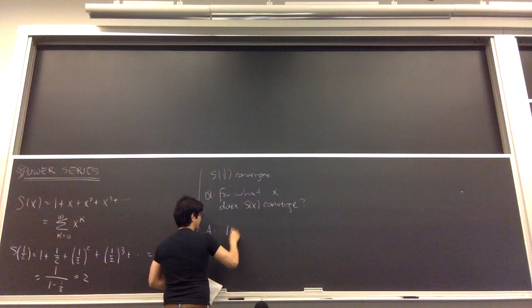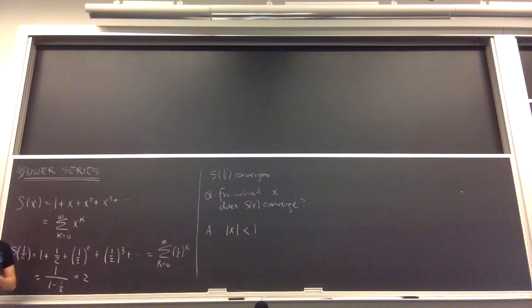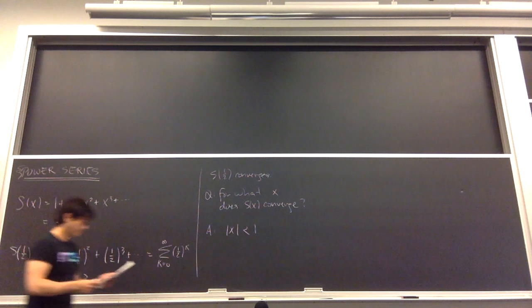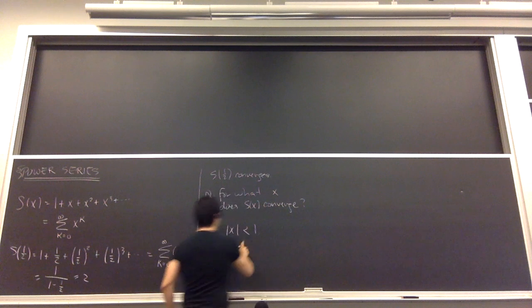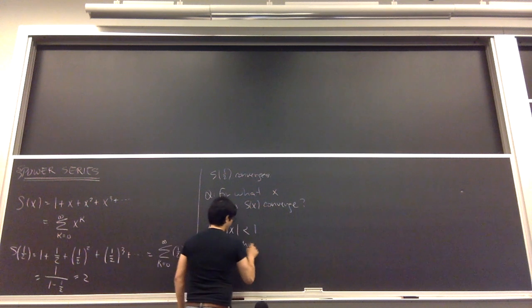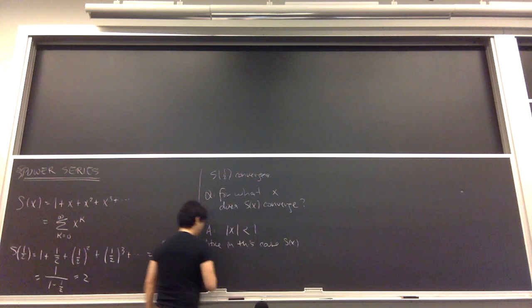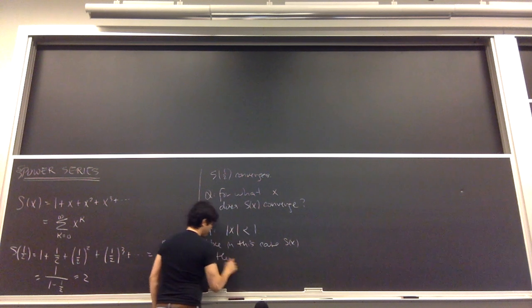For x smaller than 1, this will converge, because at that point it just becomes the geometric series. And we know that the geometric series is convergent for r with absolute value less than 1. All right, so I was going to say, notice in this case, s of x is the geometric series.